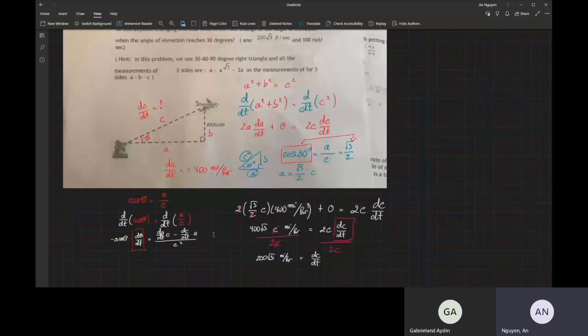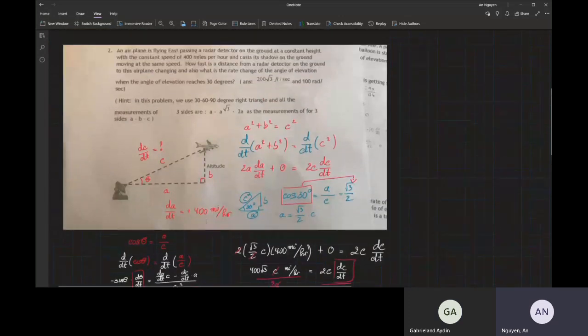So I'm going to divide by negative sine theta. So d theta over dt is equal to dA dt times C minus dC dt times A, over negative C squared sine of theta.